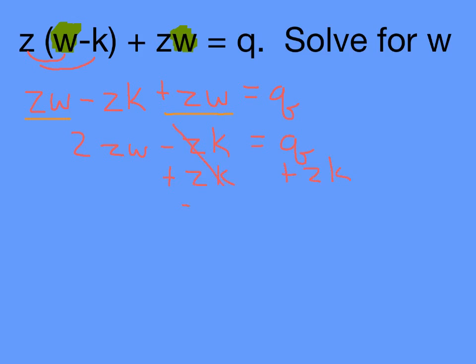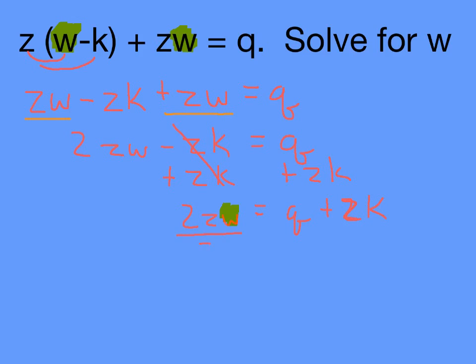So we're going to do that with our inverse operation. That's gone. So 2zw equals q plus zk. Shouldn't have probably chosen z. And I still need to get that w by itself. So the only thing left to do is to get rid of the 2z.